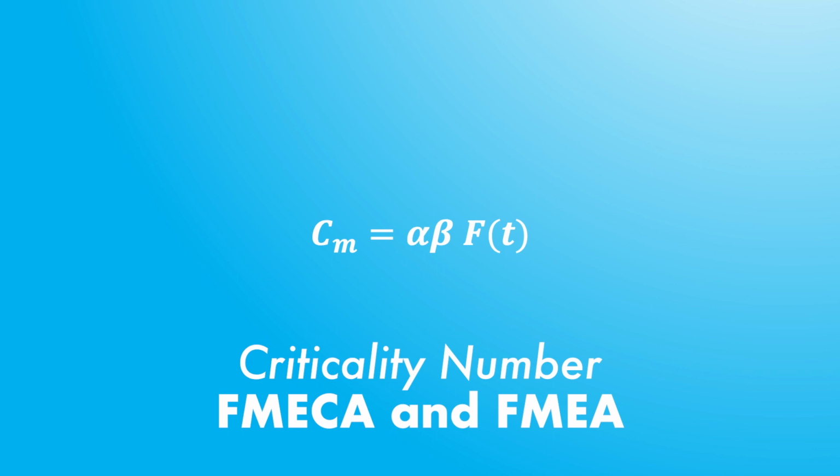Importantly, the criticality number for the failure mode is Cm, where the conditional probability of loss of function or failure effect probability is the beta, and the failure mode ratio is the alpha. The probability of failure, which we also call failure function, is given as f of t.